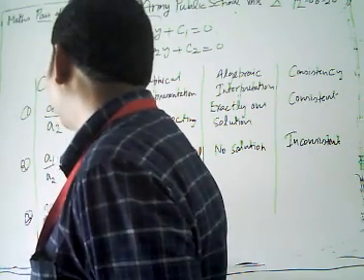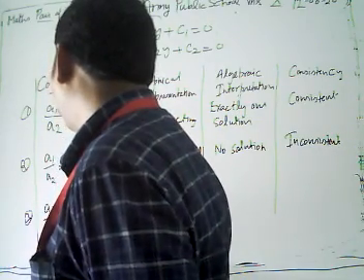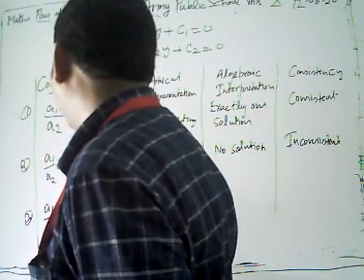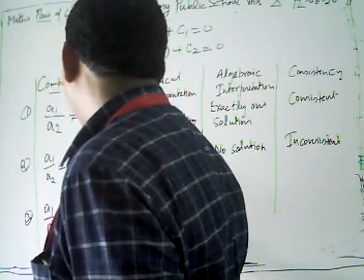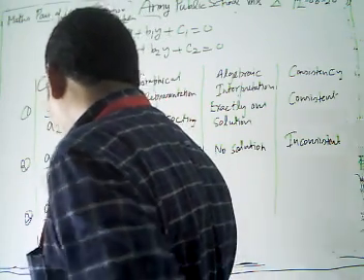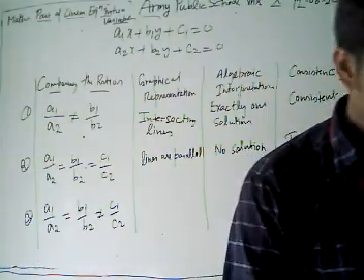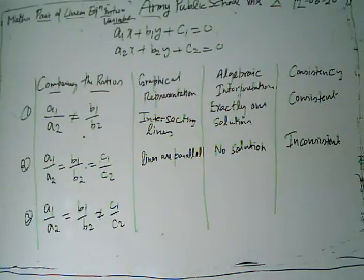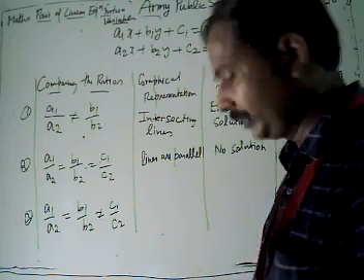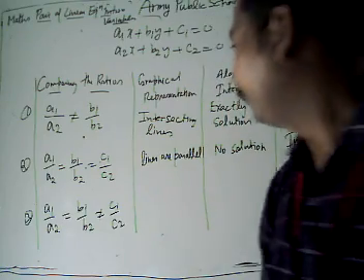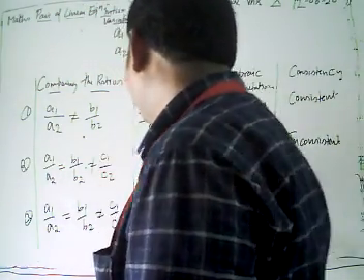And what is our third condition? a1 by a2 is equal to b1 by b2 not equal to c1 by c2.